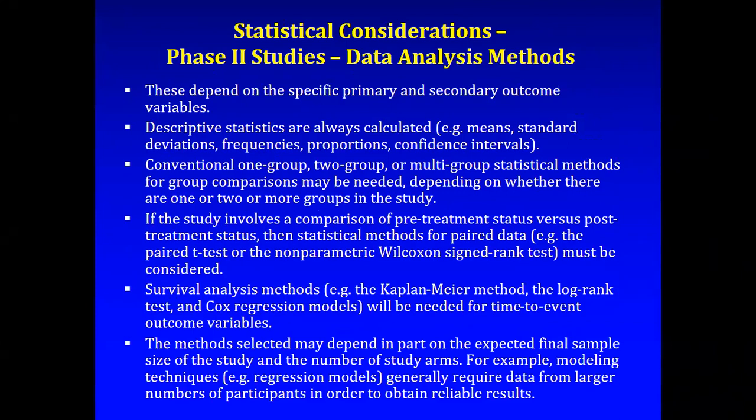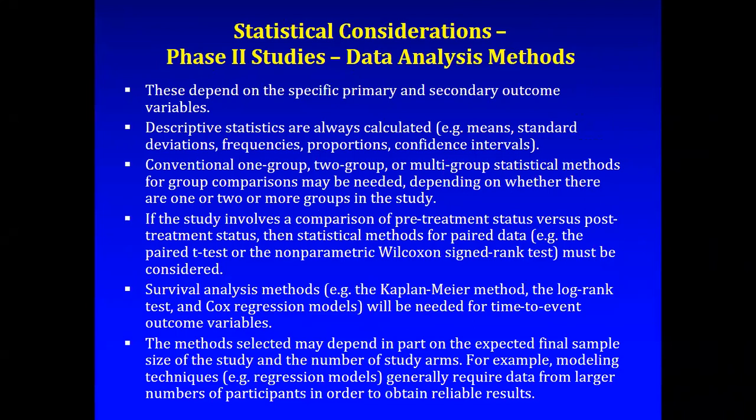In terms of data analysis for phase 2 studies, again, we would compute descriptive stats. We can also use several conventional statistical methods for group comparisons where that's appropriate for the phase 2 study.